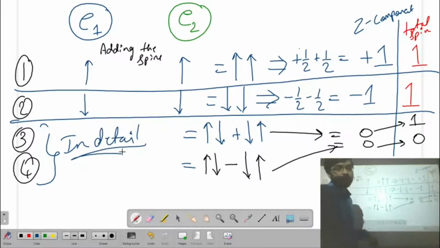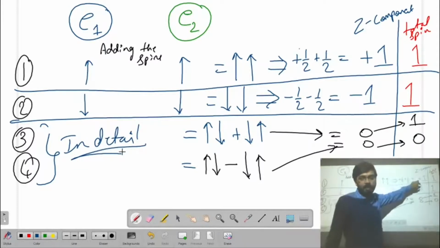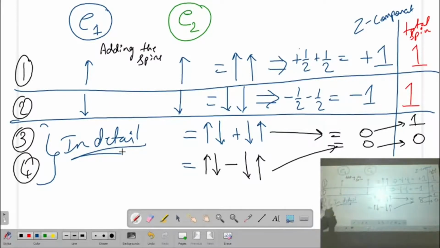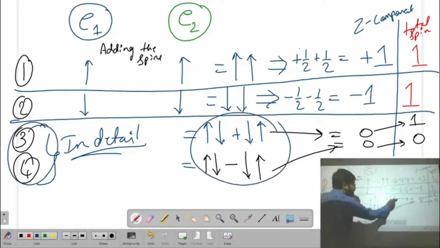States 1 and 2 are clear. We have z component plus 1 and total spin 1. For the second state we have -1 and total spin 1. Now let us see this 3, 4 in detail.